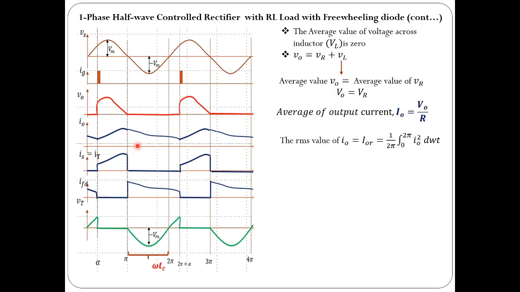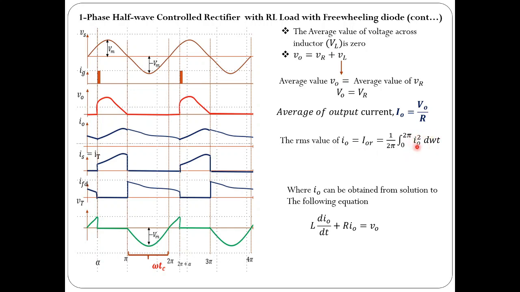Again, in a similar way you can derive that the average value of the output voltage is the same as the average value of the voltage across the resistor. From that, the average value of the output current I0 is equal to V0 by R. And for IOR, this is the formula to compute it.